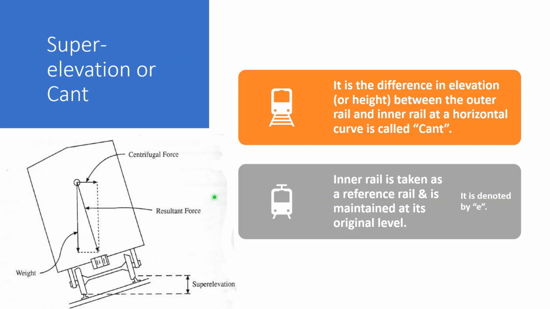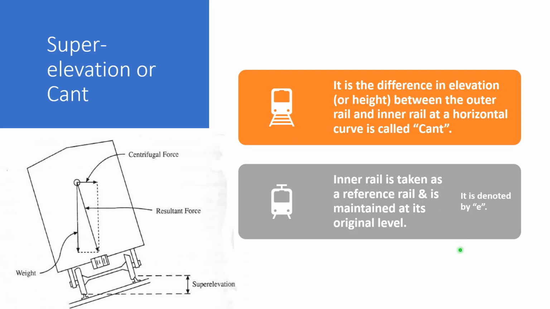Mathematically speaking, the objective of providing super elevation is to make the force of reaction equal at both the rails and perpendicular to the track. This is the resultant force of the centrifugal force and the weight. This resultant force becomes perpendicular to the track, thereby the weight of the train gets equally distributed on both the rails. That is the main reason for providing super elevation.